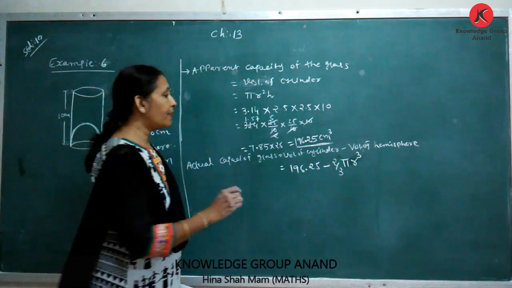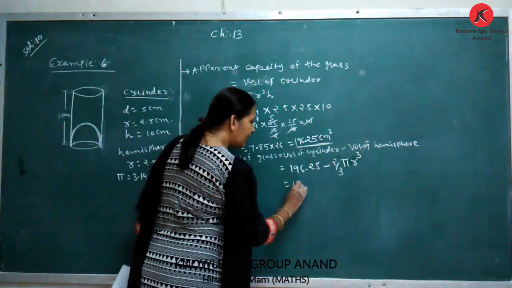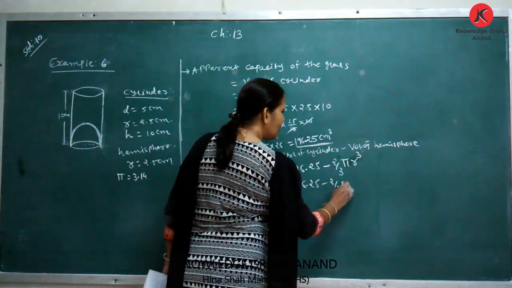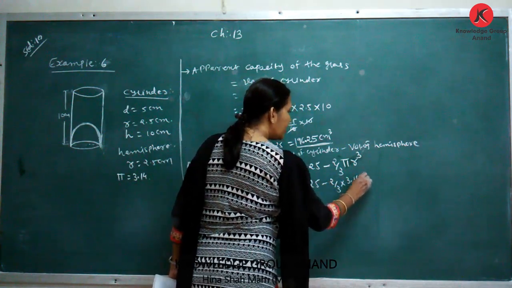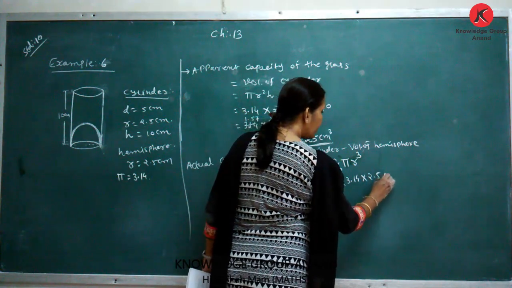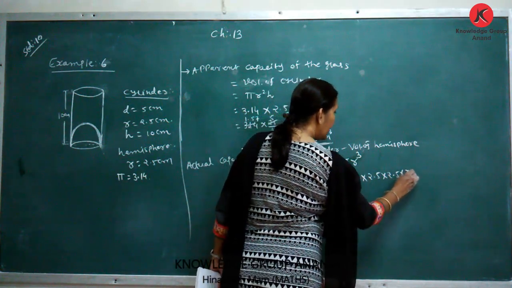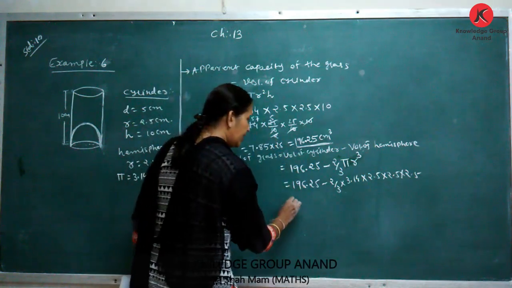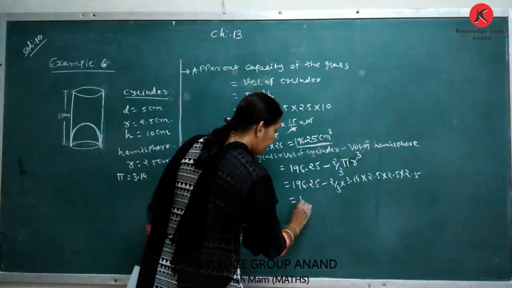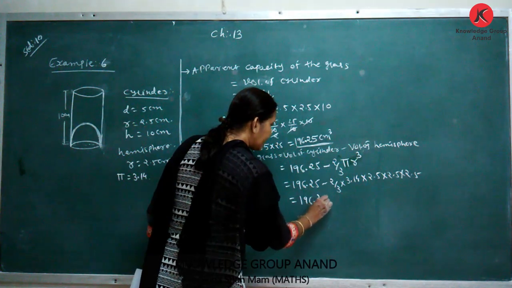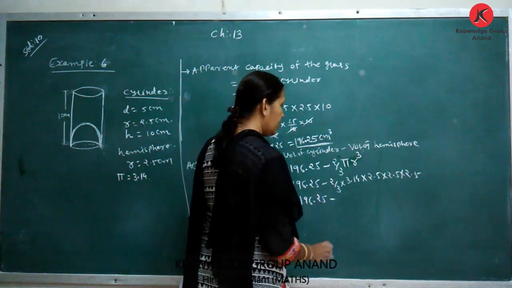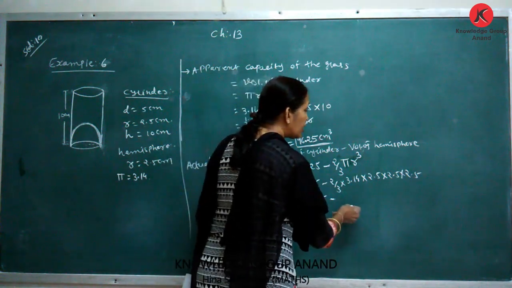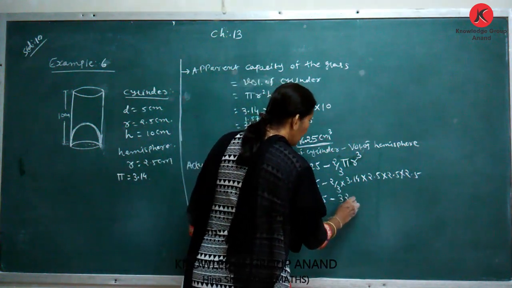Then 196.25 minus 2 by 3 into 3.14 into 2.5 into 2.5 into 2.5 is equal to 196.25 minus its value, which is 32.71.